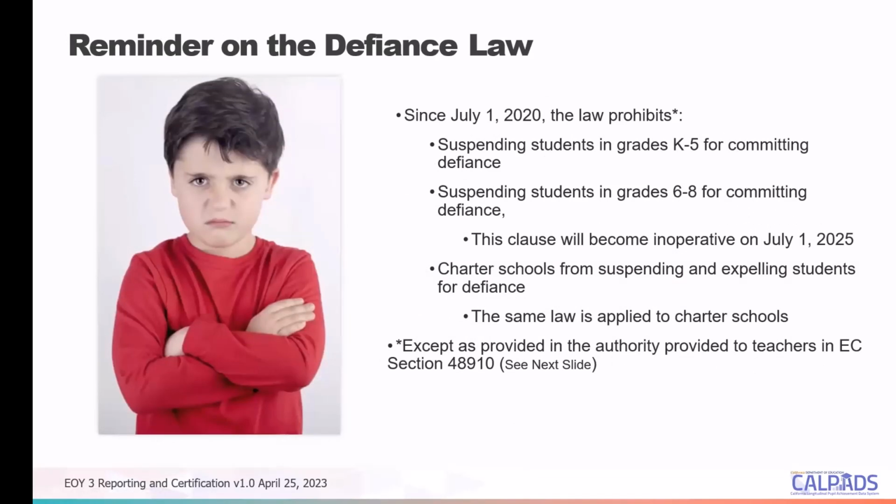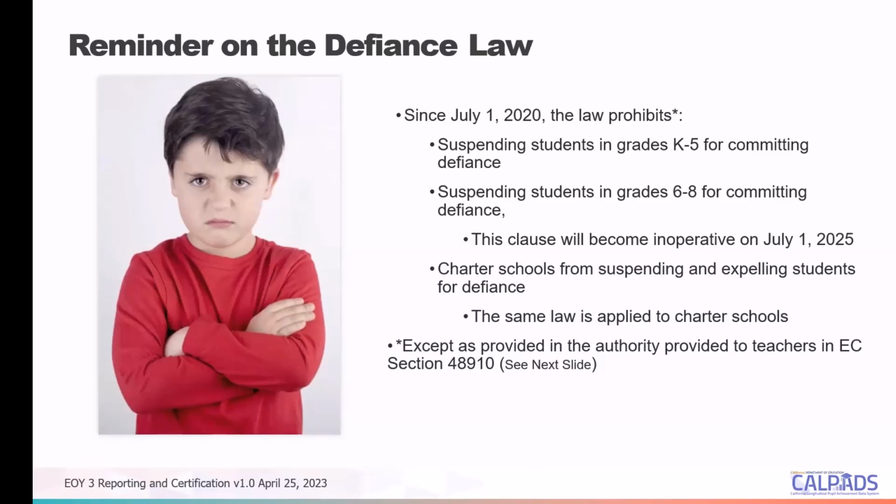All right, reminder of the Defiance Law. So Education Student Offense Code 511 in CalPADS is mapped to disruption and defiance in Ed Code. And so for several years, we've been mentioning that for K through 8 students, it's basically illegal to suspend students solely for defiance or disruption, right?